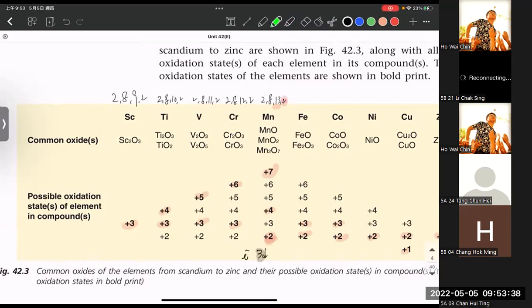How many electrons in the 3D orbitals? This one. If I mark it as +2, 13, it is just 5. Do you realize? 5 electrons in 5 boxes. So we will call that half-filled. Half-filled d orbital is relatively more stable.